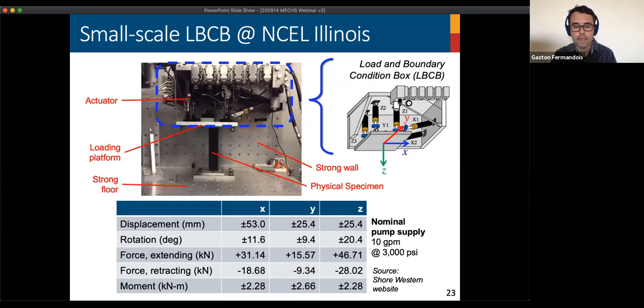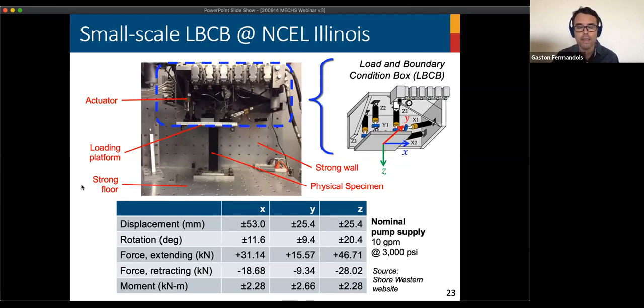For the experimental setup, we choose the small-scale LBCV box at the University of Illinois, which is basically a 1/5 version of the large-scale load and boundary condition box located in the same facility. These boxes are connected to a strong reaction wall and floor.